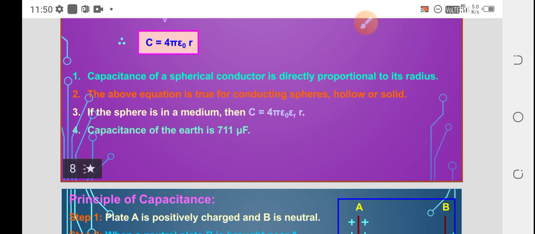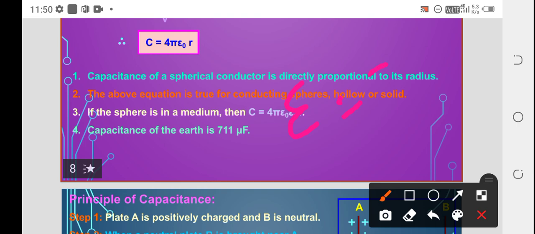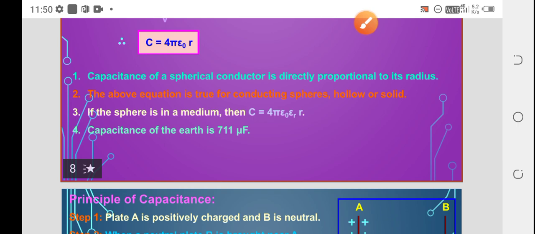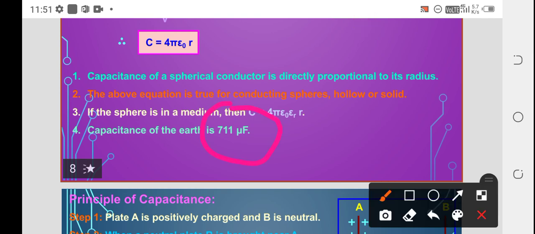Third point: if the sphere is in a medium, then ε = ε₀εr, so C = 4πε₀εr R, where ε₀ is the permittivity in vacuum and εr is the relative permittivity. The capacitance of the earth is 711 microfarad.